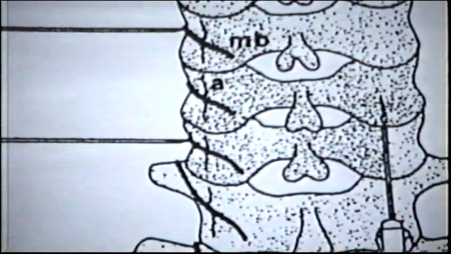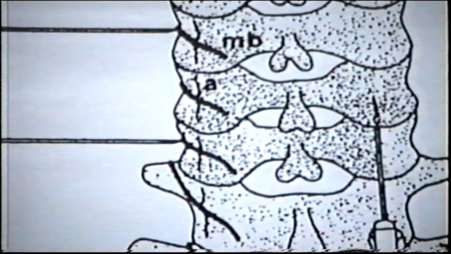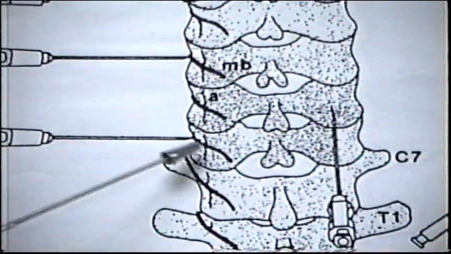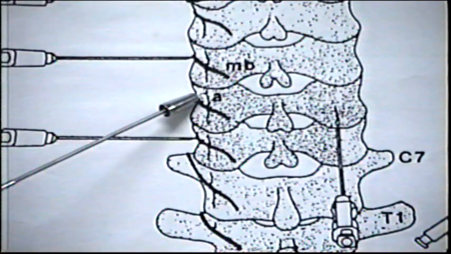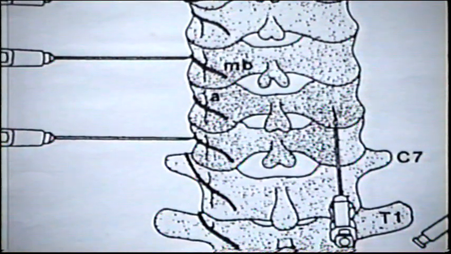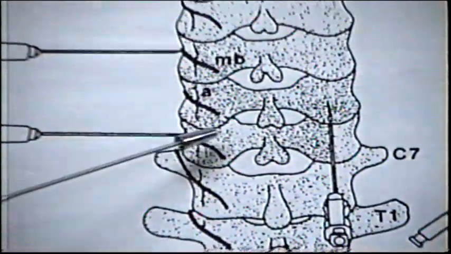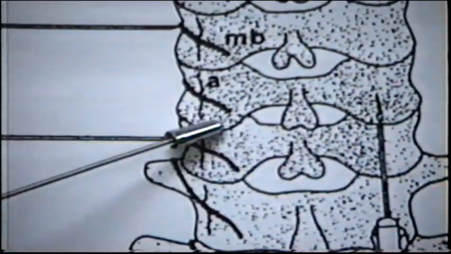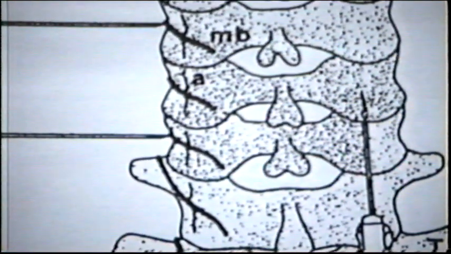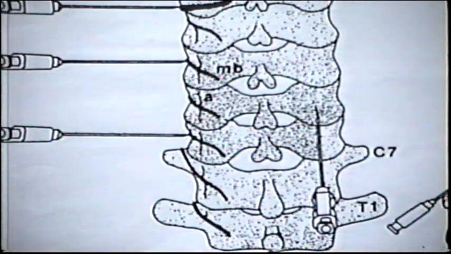So from that point, Dr. Baduk is stating that in order to block one facet joint, we have to address one of the branches above and one of the branches from below, which is not exactly true. If we're utilizing the same approach and injecting the capsule of the joint, we're basically blocking both branches right here. So there's no need to deviate the needle upward and downward, which is advocated.